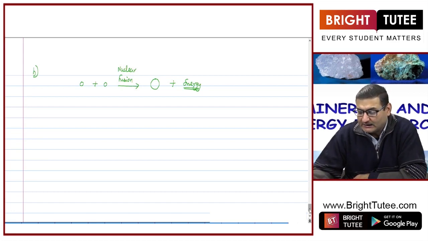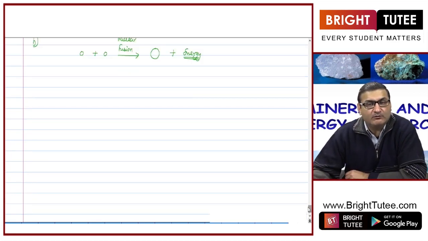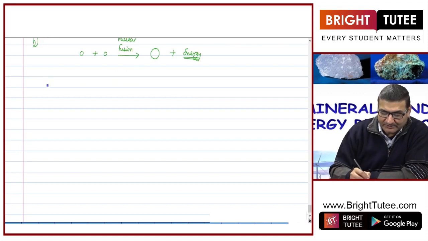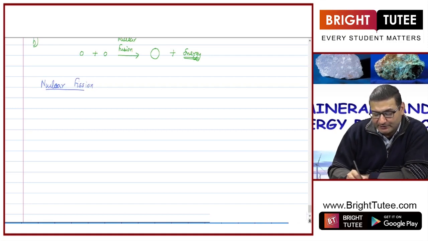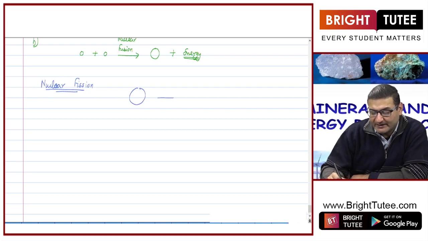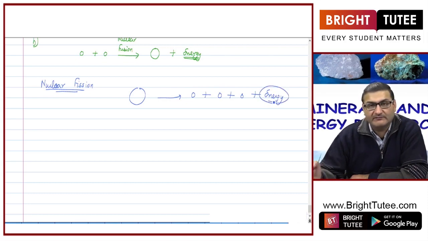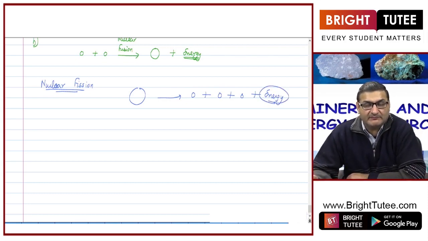Just for our detailed information, we need to know a few things based on this nuclear fission and nuclear fusion. First of all, let us talk a bit about nuclear fission. We have said that nuclear fission is the process in which a heavy nucleus is broken down into smaller nuclei along with release of a lot of energy. And when I say a lot of energy, I am probably underestimating it.